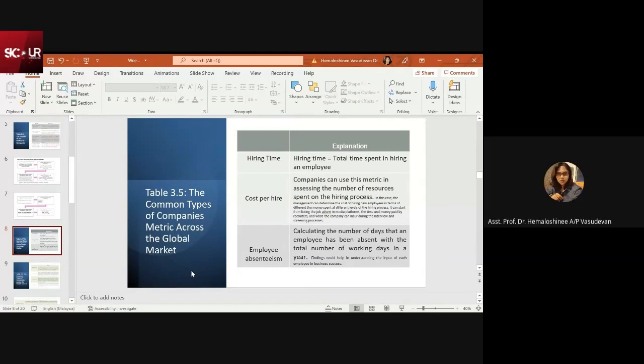So it all depends on the manager and how the manager will make a decision.